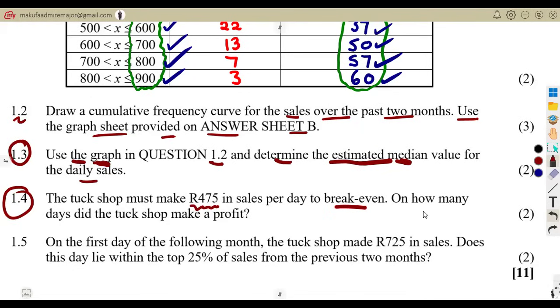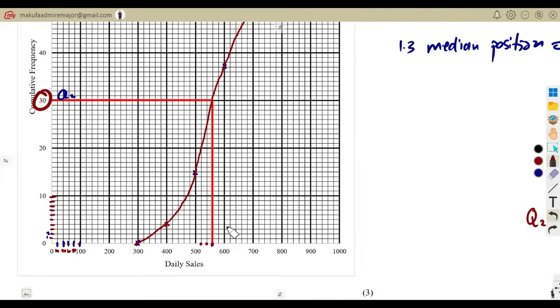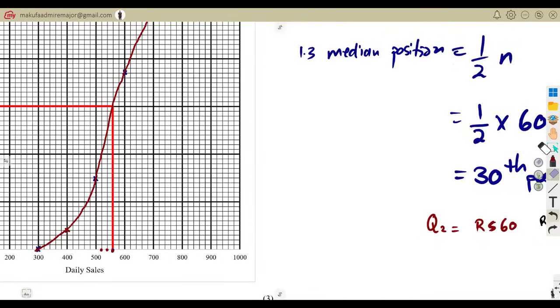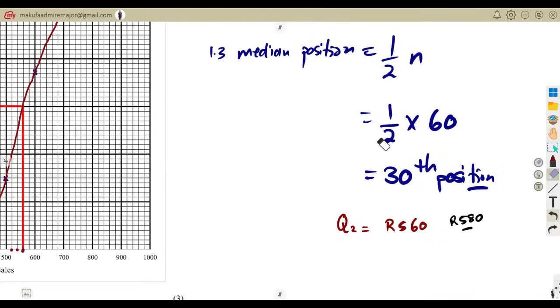So on how many days did the tuck shop make a profit? In terms of the amount, these are our daily sales. So the question is, where are we going to have the daily sales that correspond at 475, the one that we are given there?